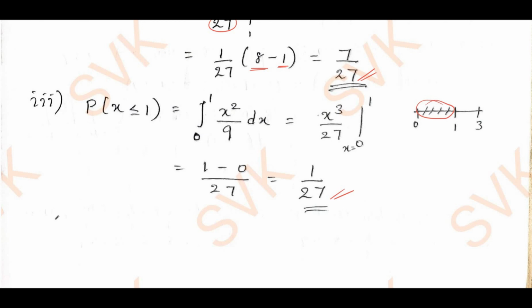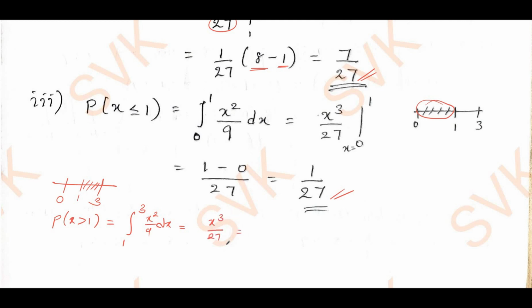So similarly, the probability of x greater than 1 is given by the integral from 1 to 3. Since the interval lies between 0 to 3, and they are asking to find greater than 1, I need to have only the range 1 to 3 of x square by 9 dx. Integrating that part, we are going to get x cube by 27.